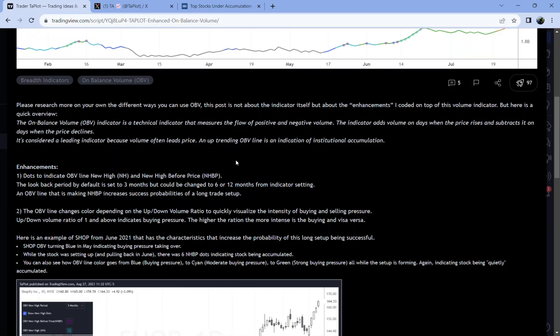There is tons and tons of material on YouTube, on the internet, on what unbalanced volume is. But essentially, it's an indicator that measures the flow of positive and negative volume. It adds the volume on days when the price rises, and it subtracts it on days when the price declines.